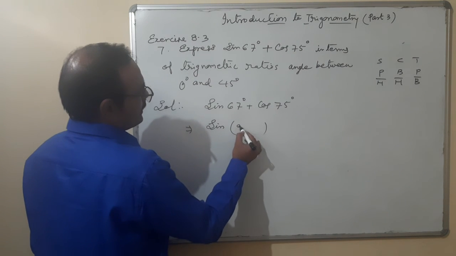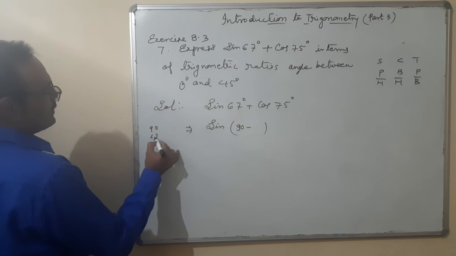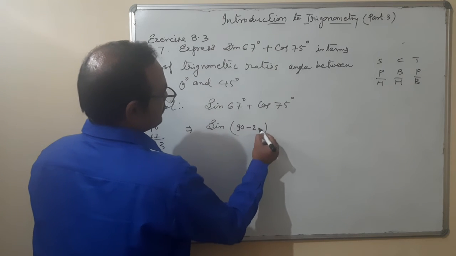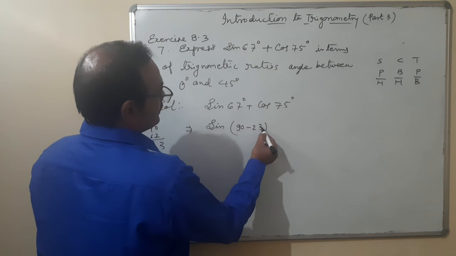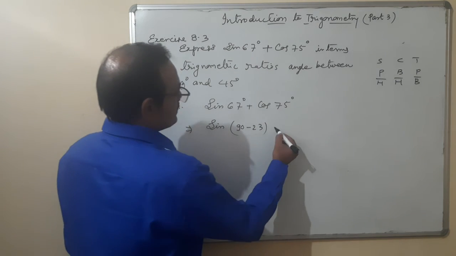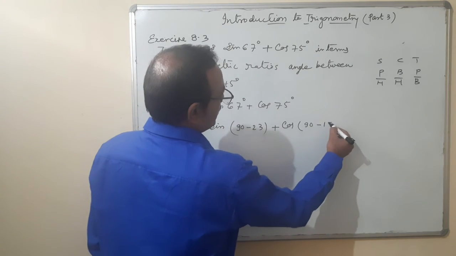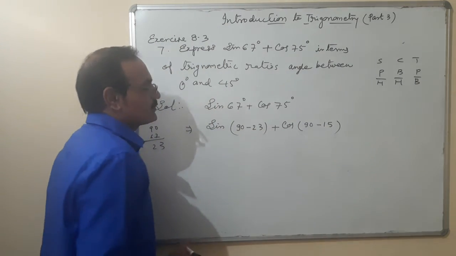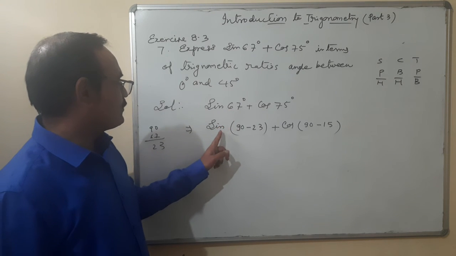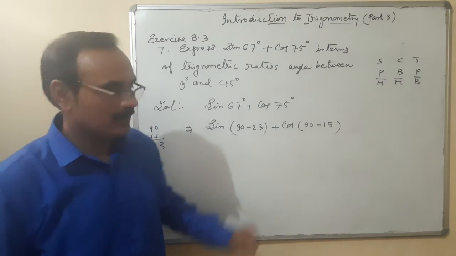So what should I write here? 90 minus 23, because 10 minus 7 is 3, and 8 minus 6 is 2, so 23. Plus cos 75: cos of 90 minus what? 15. Sin 67 can be expressed in the form of sin (90 minus 23) and cos 75 as cos (90 minus 15).